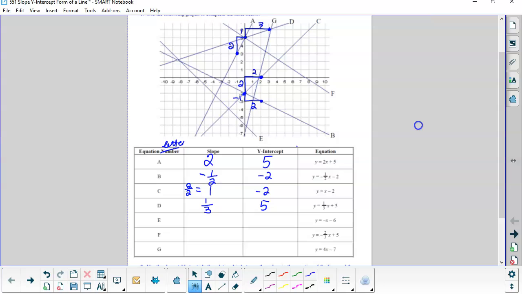E looks like a y-intercept right there, and another nice point here. So down and to the right. Down 2 to the right 2, and reduce it. I obviously didn't draw the smallest triangle. I just drew a triangle between nice points. So negative 2 over 2 is negative 1. Y-intercept of negative 6. So negative x minus 6.